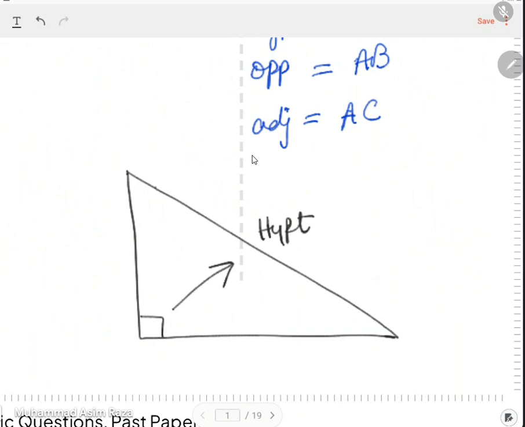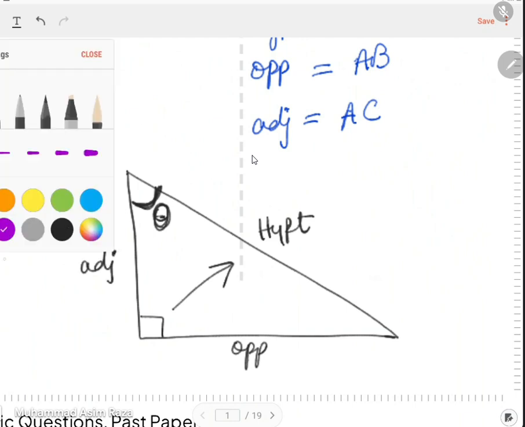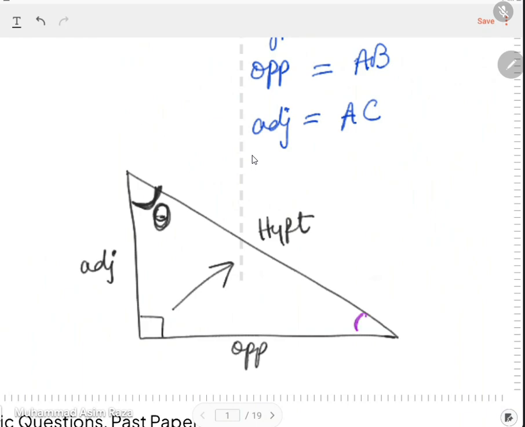And if this is the theta, then opposite to this is here and adjacent is here. And if the angle in our consideration is alpha, then hypotenuse will remain the same, but opposite to alpha is this side and adjacent to alpha is this side.